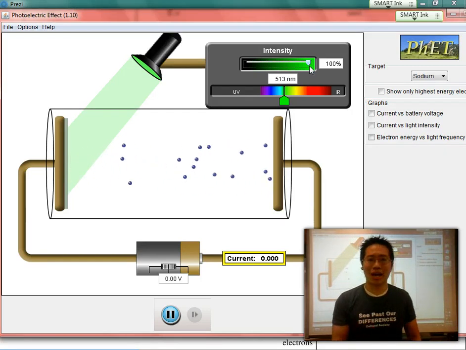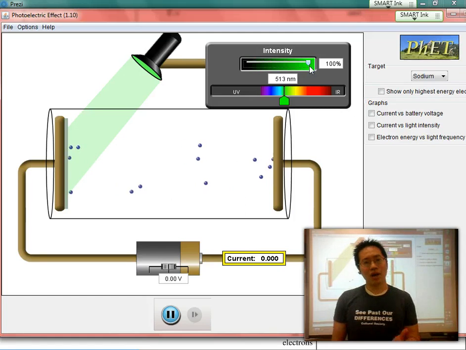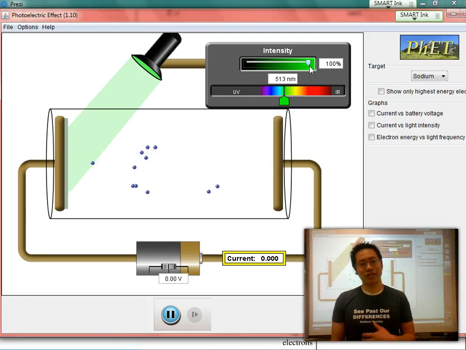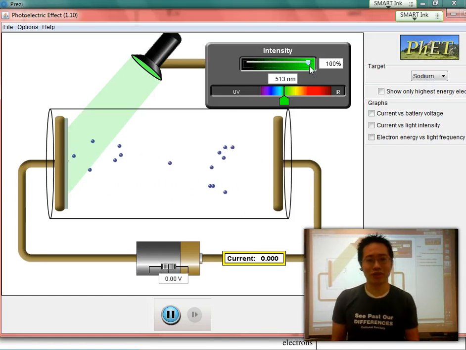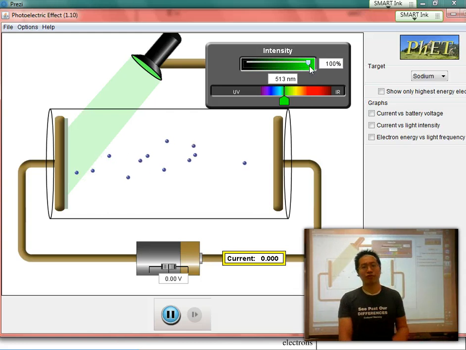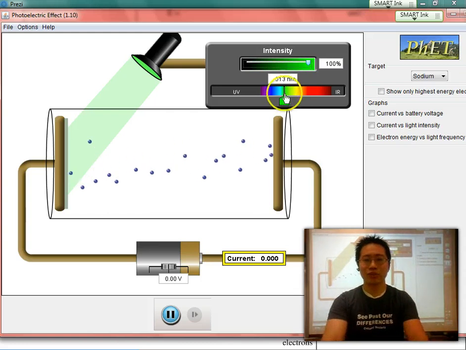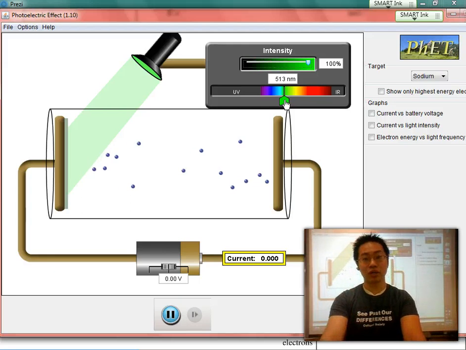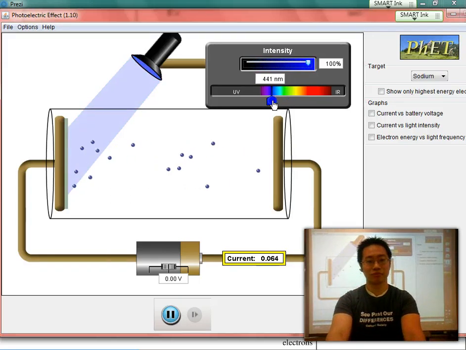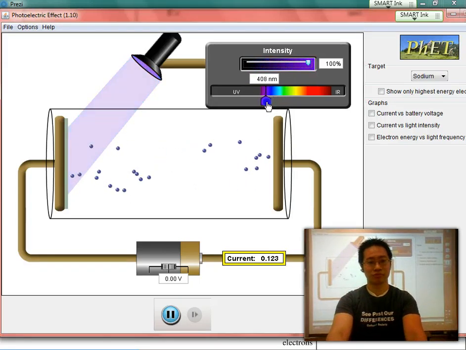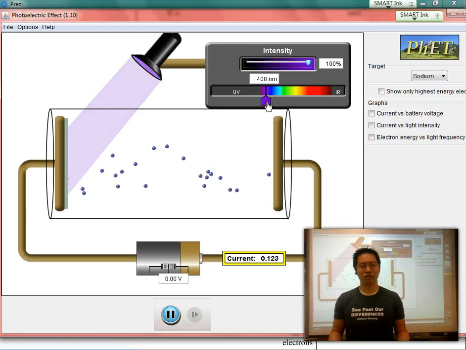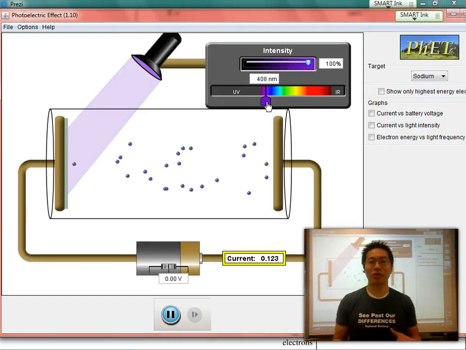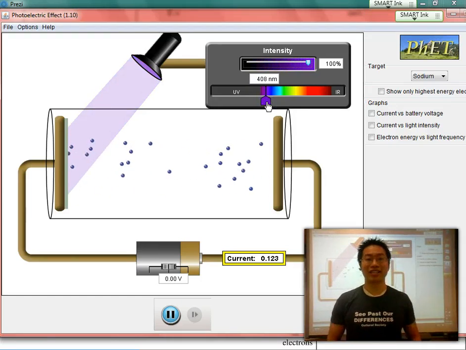So they're confused. What exactly was happening over here? Why was the brightness correlated only with the number of electrons coming out, not whether they came out in the first place? And when they increased the frequency even more, they noticed all of a sudden those electrons are coming out with a much higher kinetic energy than before.